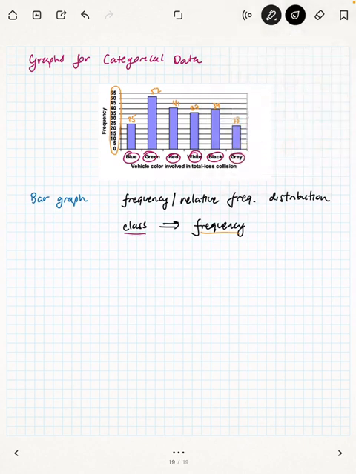And so we can see that this came from a frequency distribution where the classes were the colors, so blue, green, red, white, black, and gray.